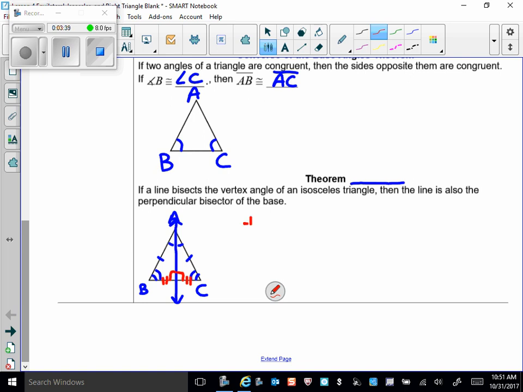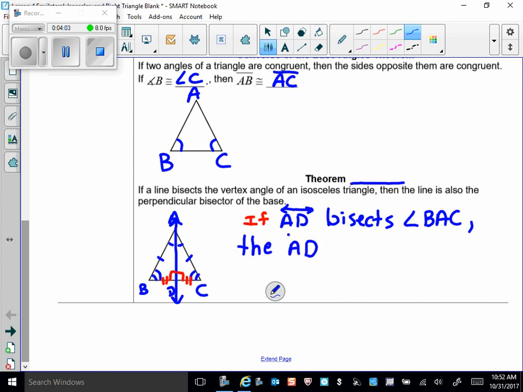So let me write this using symbols. We'll call this line AD since I don't really have a better name for it. If line AD bisects angle BAC, then AD is perpendicular to BC, and BD is congruent to CD, right?